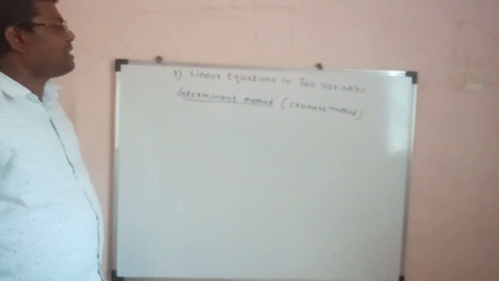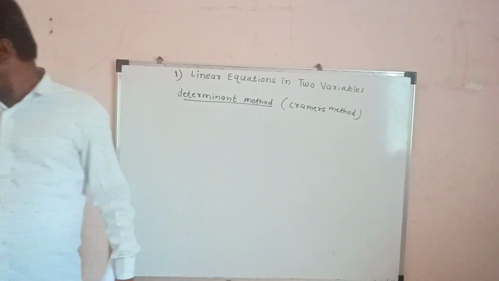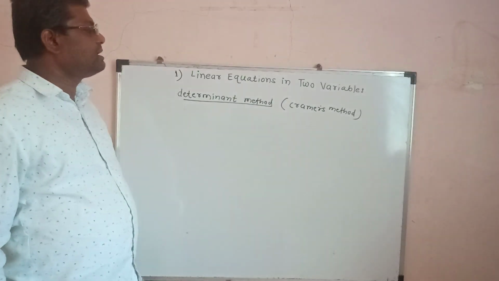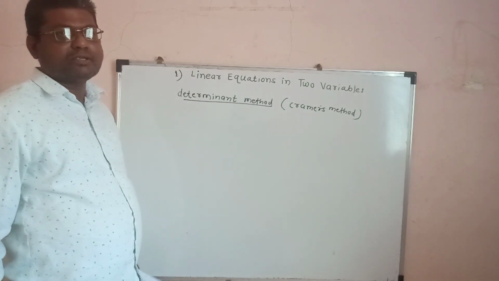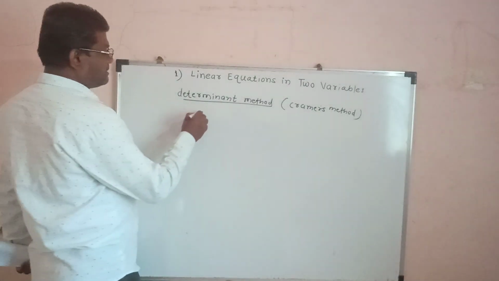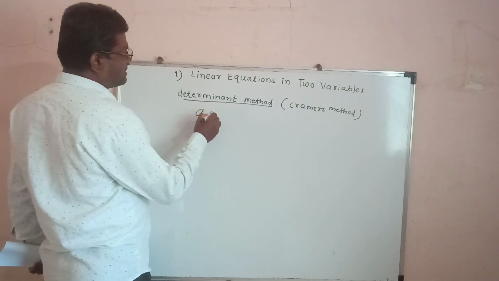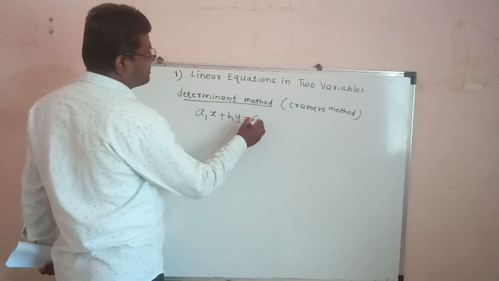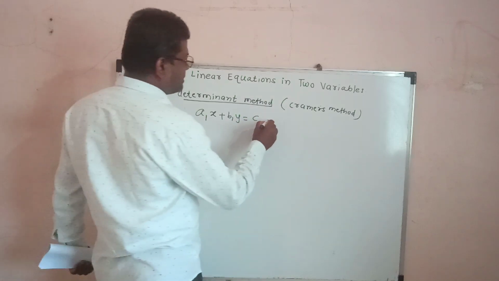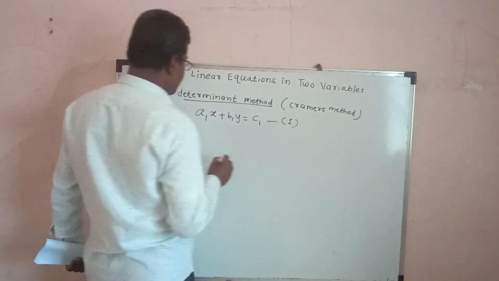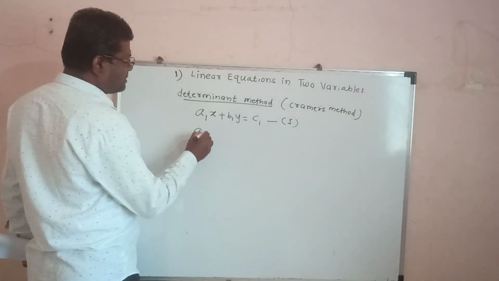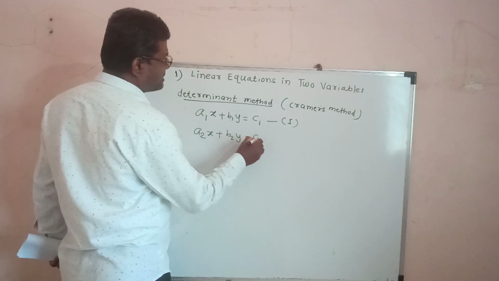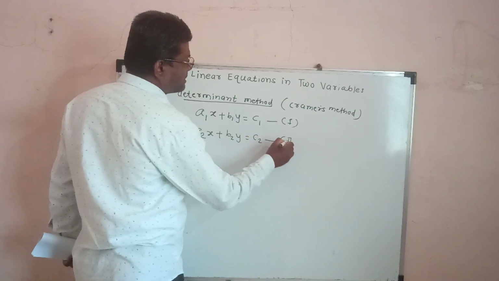Now let us see how Cramer's rule is applied to solve linear equations in two variables, that is, simultaneous equations. Let there be two equations: a1x plus b1y is equal to c1, this is equation number 1, and a2x plus b2y is equal to c2, the second equation.